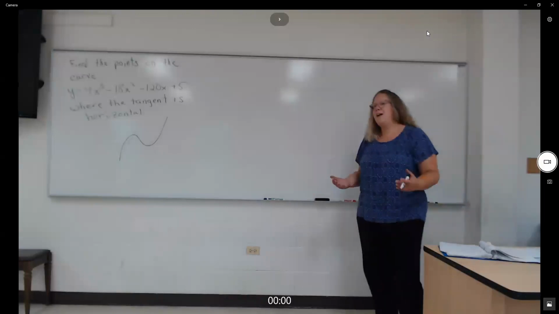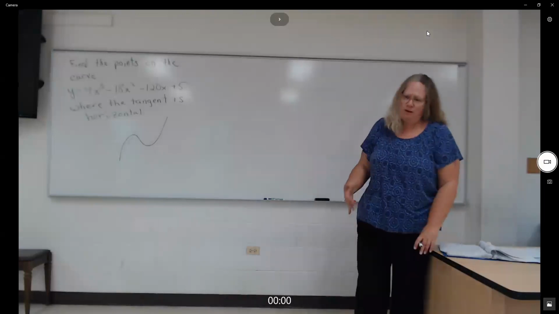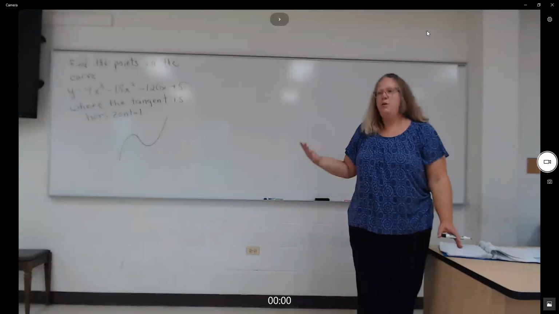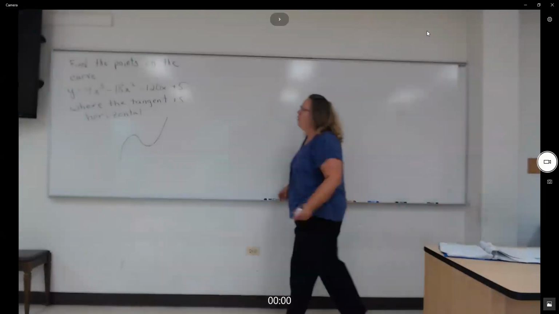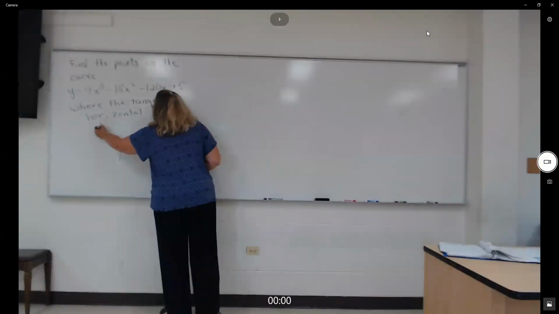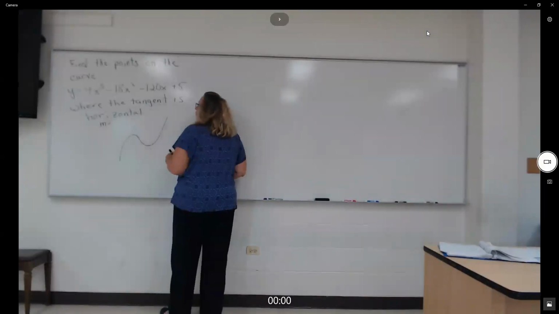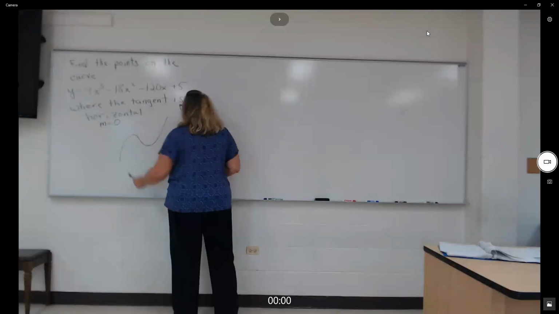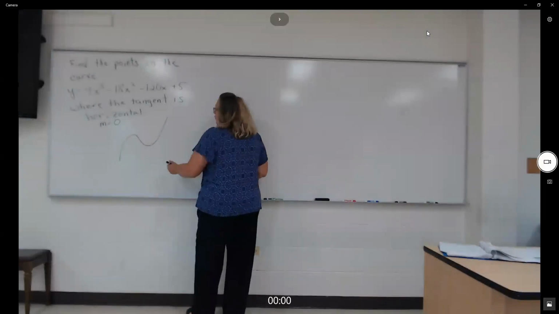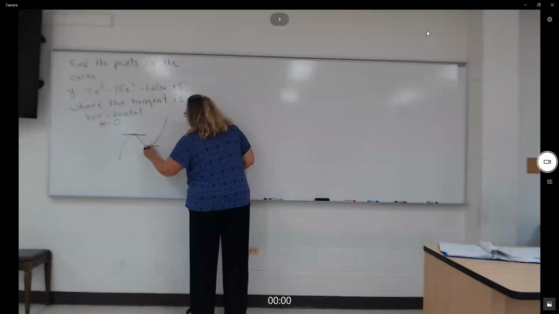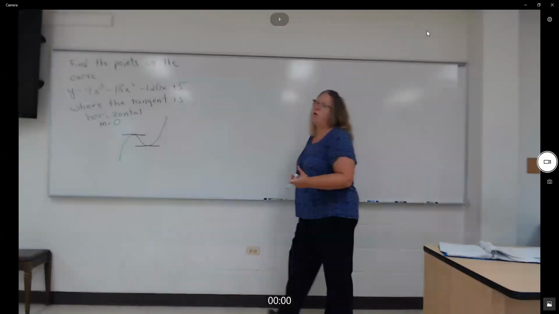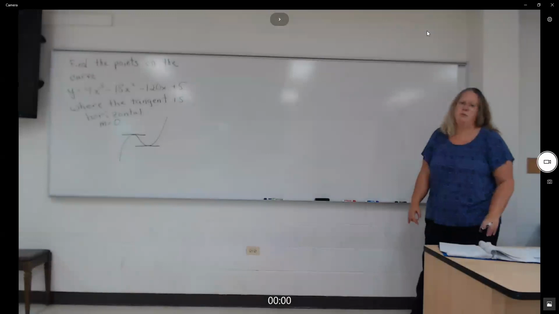Because everything in this chapter and the next chapter is going to be dealing with slope. You can always ask yourself, what do I know about slope in this problem? Well, we know that horizontal lines have a slope of 0. Just visually on this graph, can you see that there's a horizontal line here, and there's a horizontal line there, and their slopes are 0.